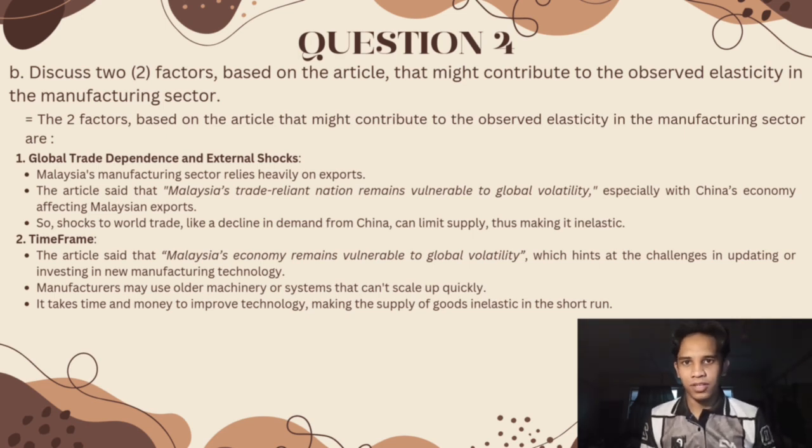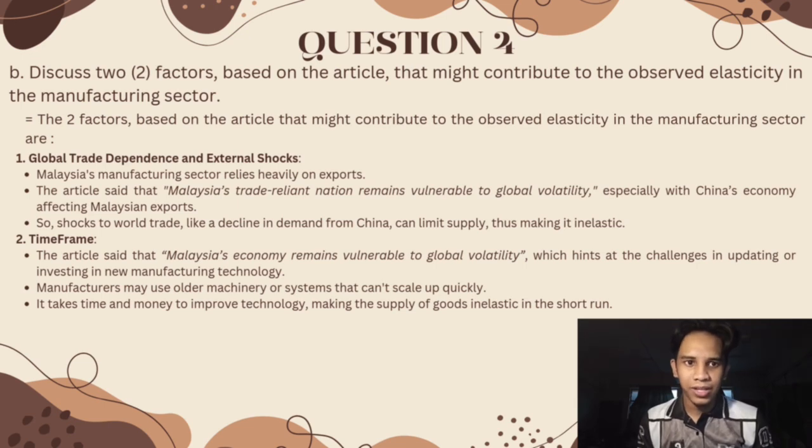For the first factor that I choose from the article is global trade dependence and external shock. As we know, Malaysia's manufacturing sector relies heavily on export. That means if the bigger global market, such as China, experiences a downfall, Malaysia, especially in manufacturing sectors that rely heavily on export, will be affected too.